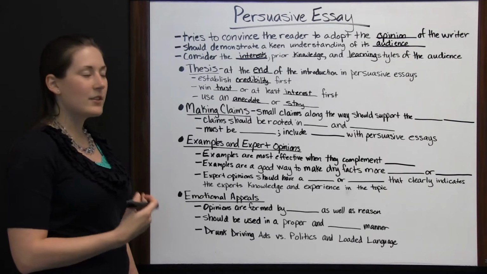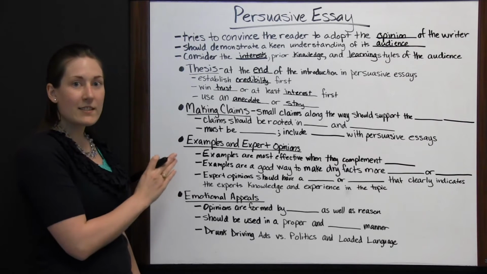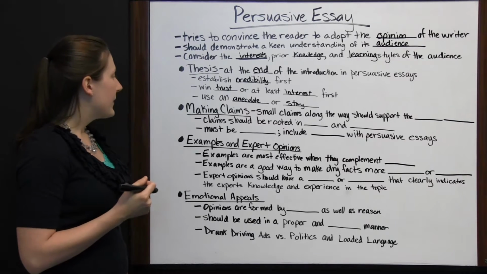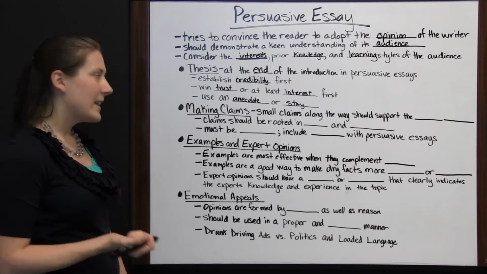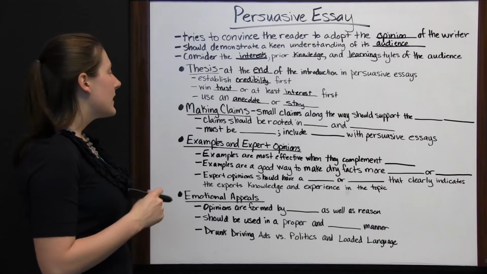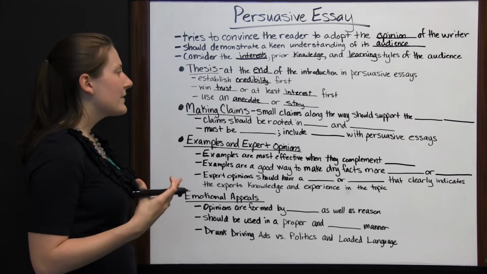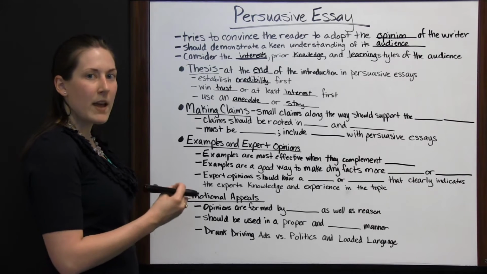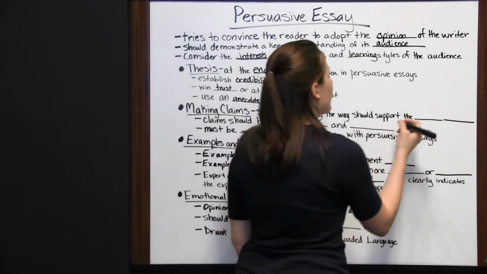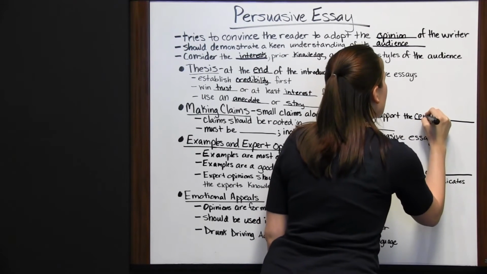Now, once you've established your thesis, there are several ways that you can develop it, but we're going to discuss 3 different persuasive essay techniques today. One is making claims. You're going to give lots of supporting ideas to your main argument, so you should have small claims along the way that support the central argument.